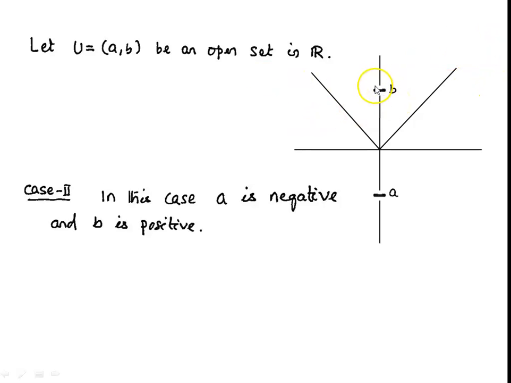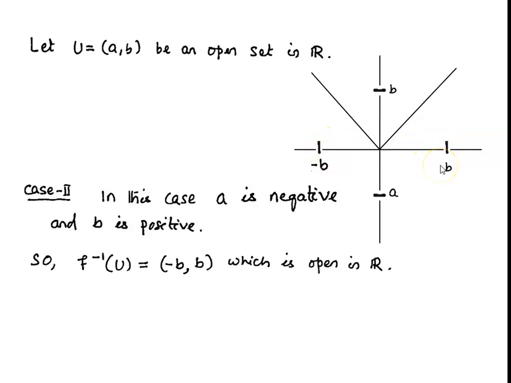Now inverse image of this B is minus B and plus B. And all the points lying in between 0 to B lie from minus B to 0 and from 0 to B. So inverse image of AB or inverse image of U where A is negative and B is positive is the open interval minus B to B. And this is an open interval.